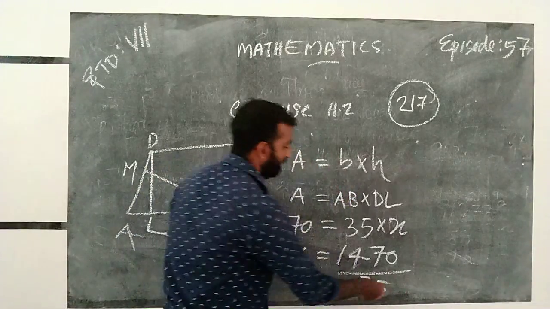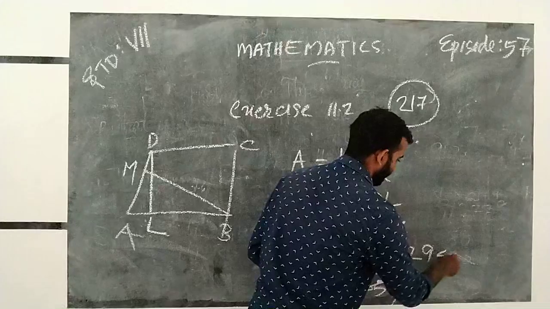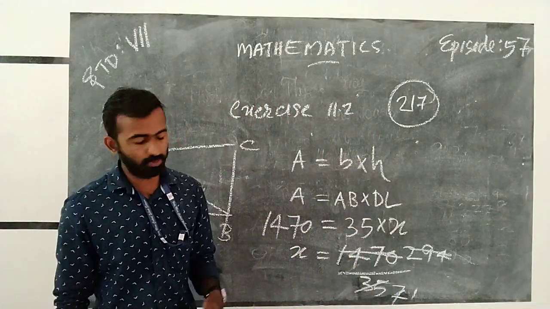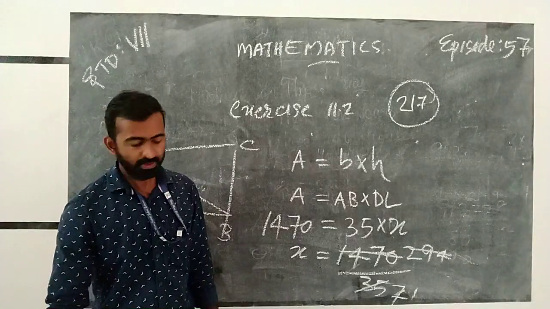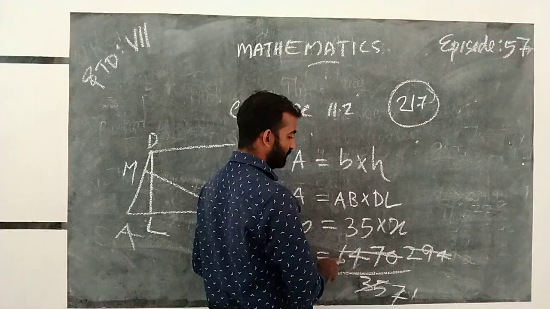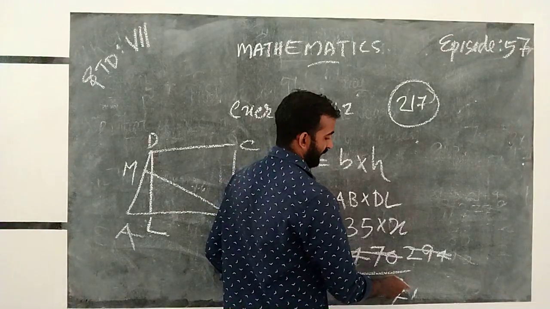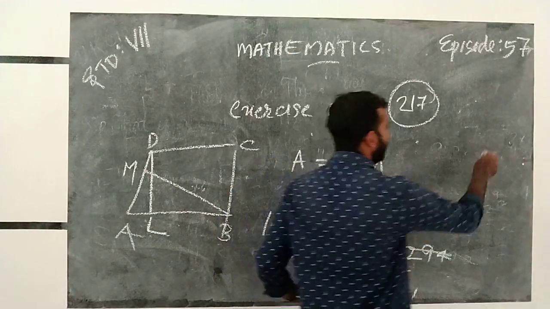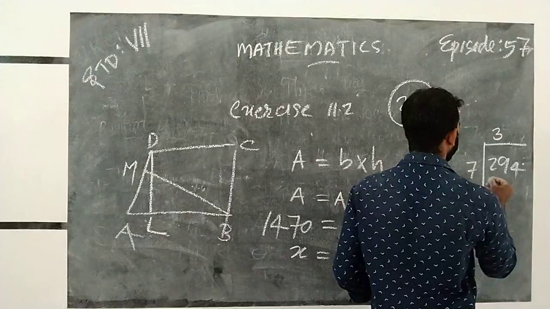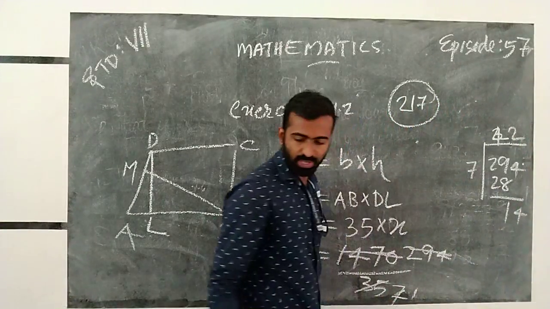We can simplify by 7 and 5. 294 by 7, what do we get? We get 42. The answer is 42.